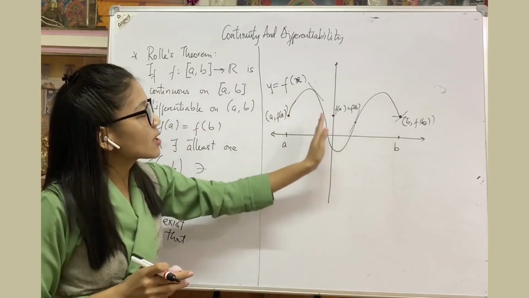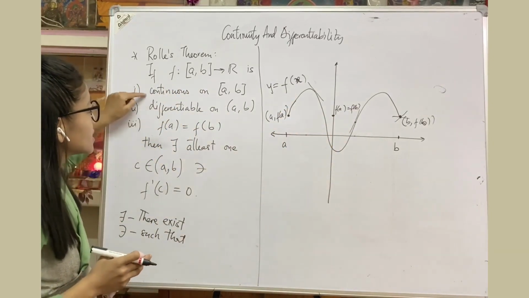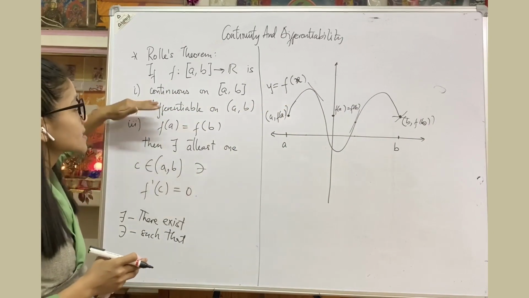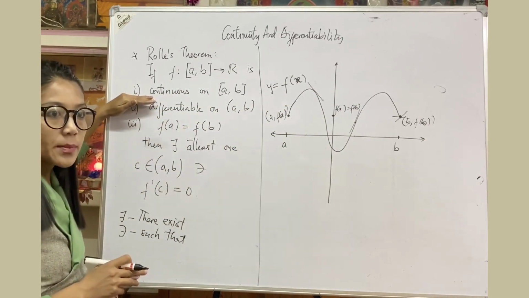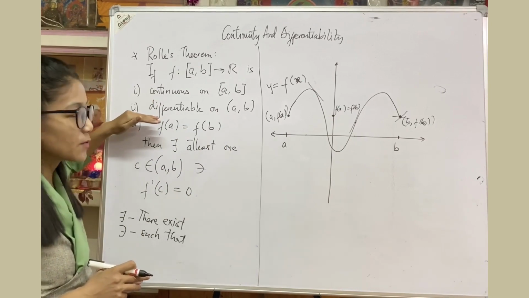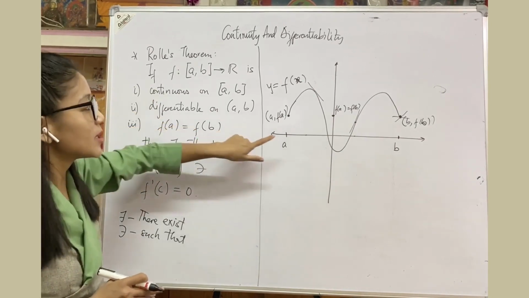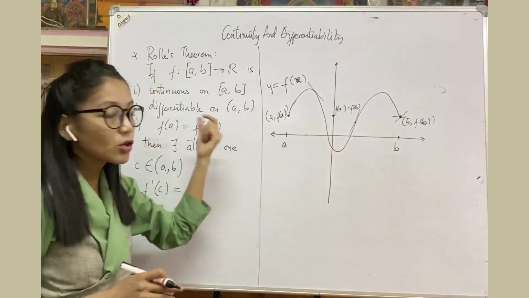So this is a function which is satisfying all these 3 conditions. The graph of this function is continuous on closed interval AB, it is differentiable on open interval AB, and f of A is equal to f of B. Image of A and image of B are also equal.